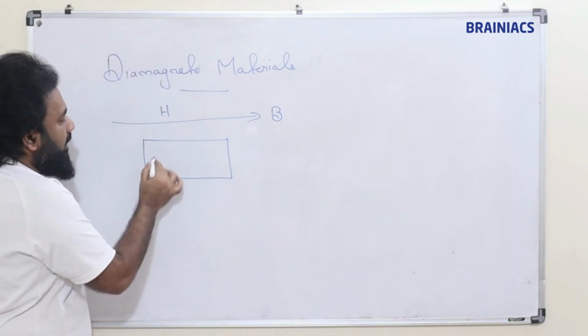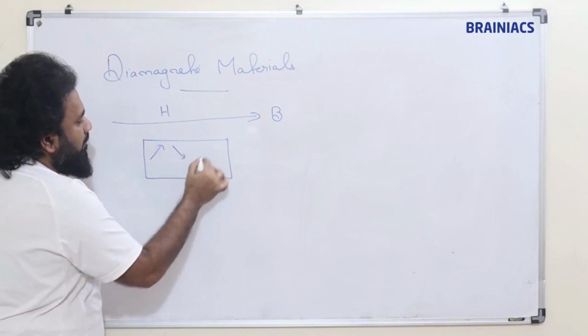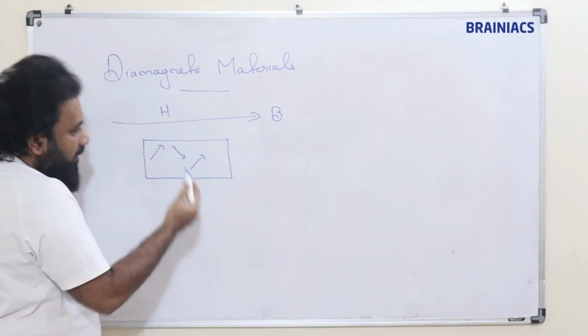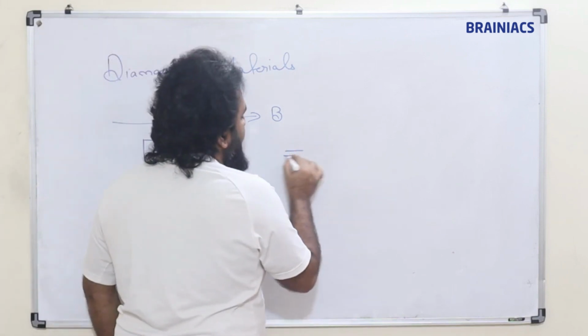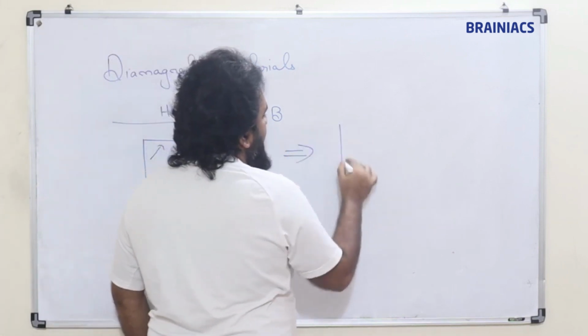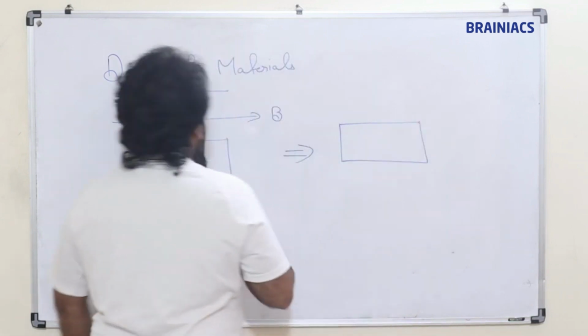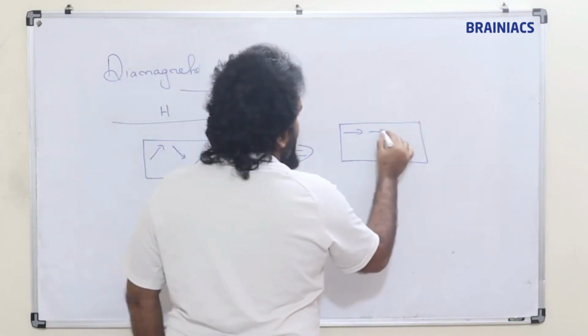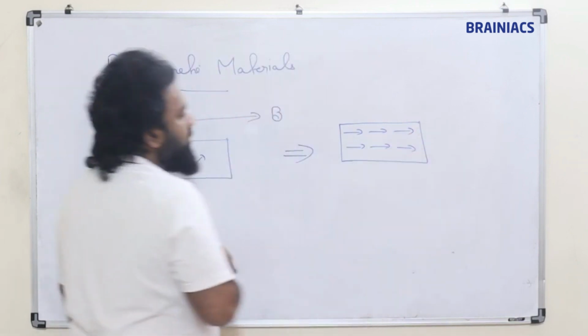So what will happen if there are magnetic dipoles, if they are not aligned? After applying this external magnetic field, they will align in a particular direction.